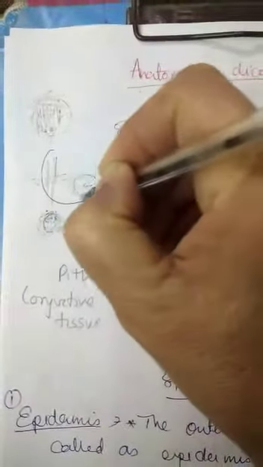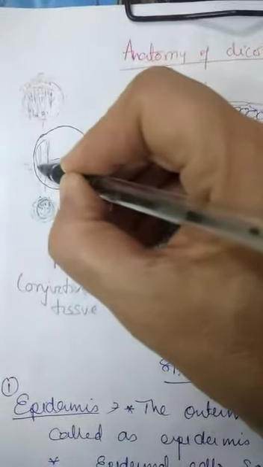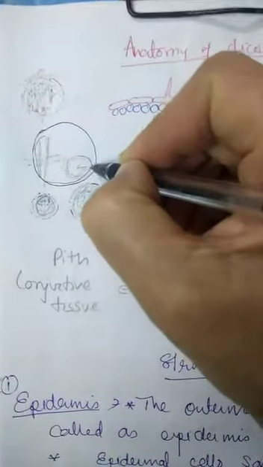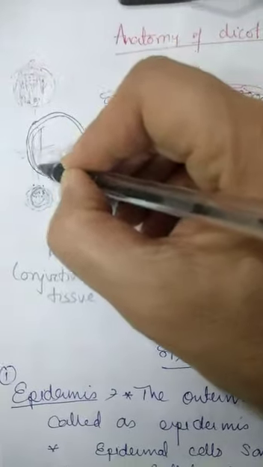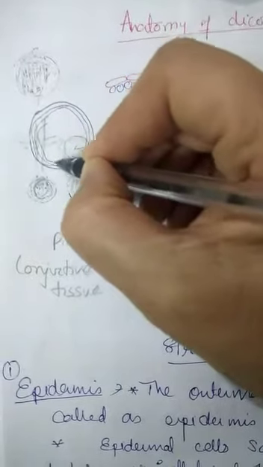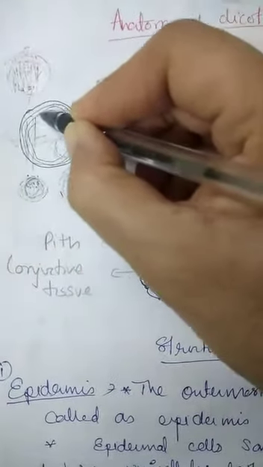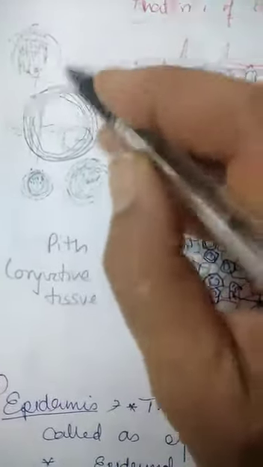Suppose I draw one diagram here. This is the outermost layer, the epidermis; below that, the inner layer is the cortex; then one more layer of endodermis, then one more layer of pericycle, and under that this complete region is the stellar region in which vascular bundles are present.